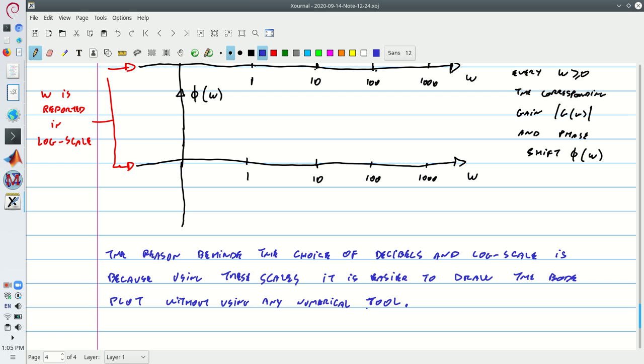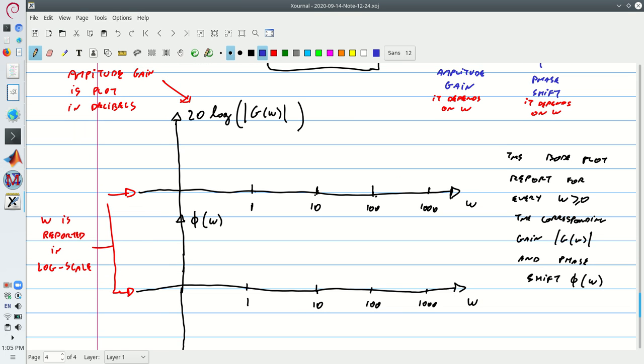That's the reason. And because it was easier to do that by hand, it has stayed in the tradition.